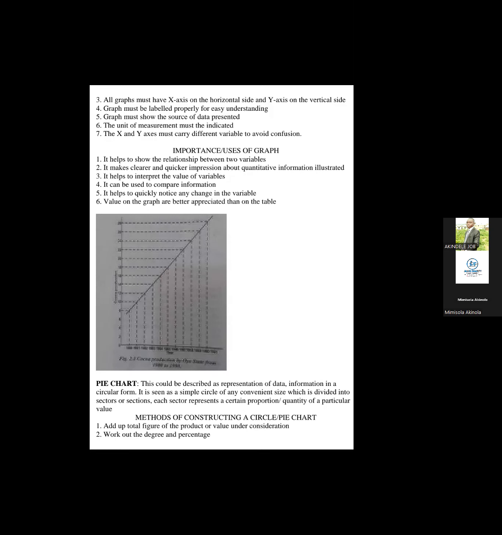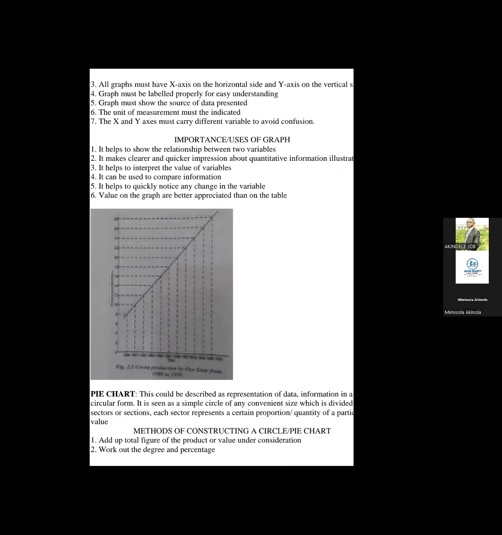Now, when we are trying to construct a pie chart, there are some rules that we have to follow. The first thing is that when a table is given to us, we have to total the figures of the product or the value under consideration.